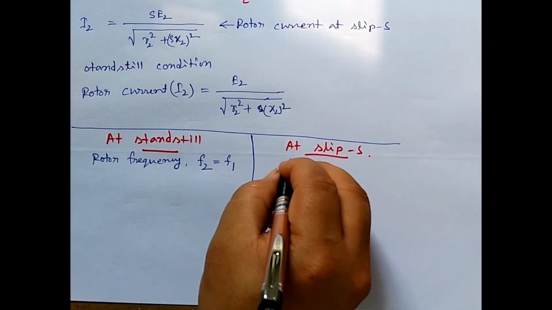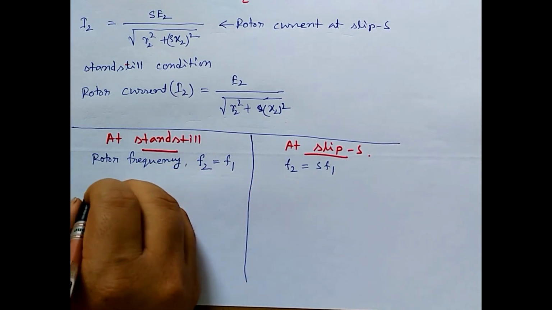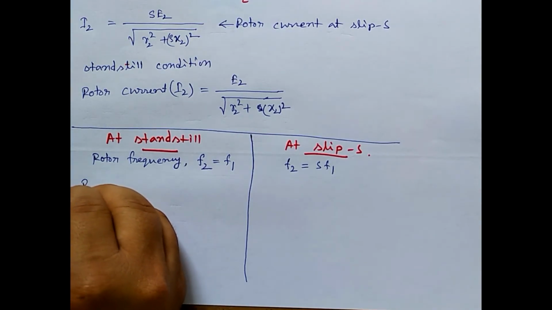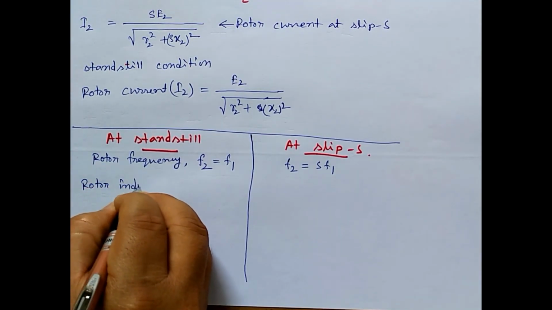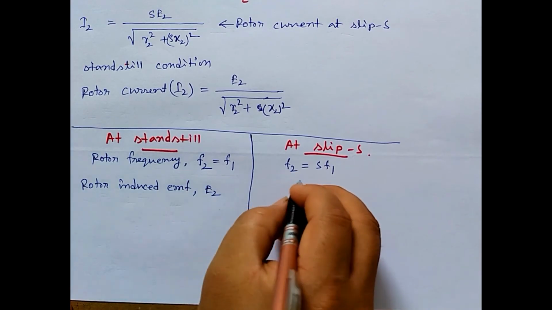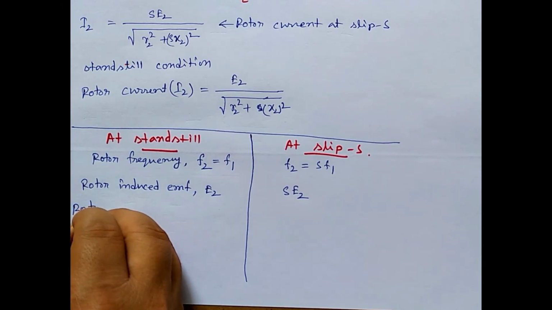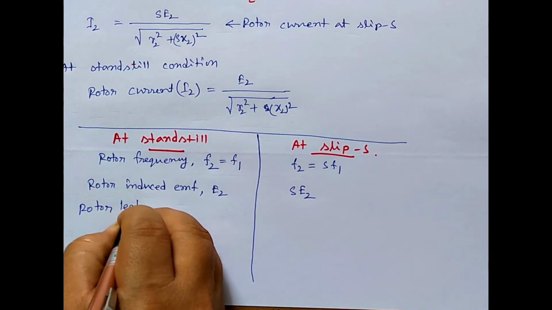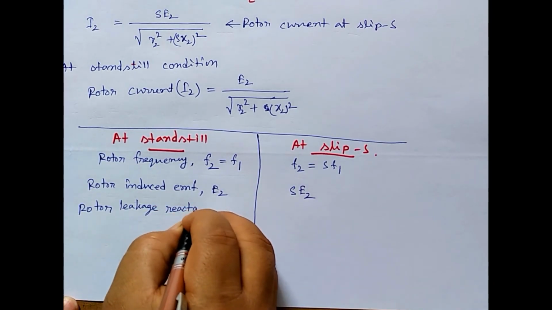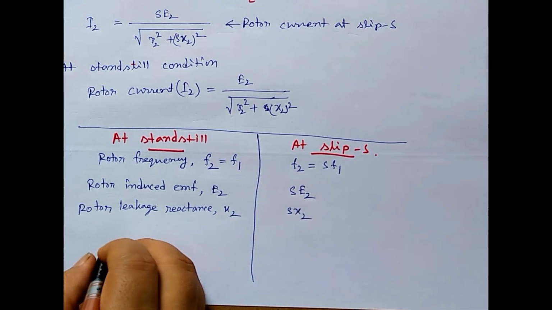At slip s, the rotor frequency will be F2 equals sF1. Number two, the rotor induced EMF is E2, and at slip s it is sE2. Rotor leakage reactance is X2, and at slip s it is sX2.